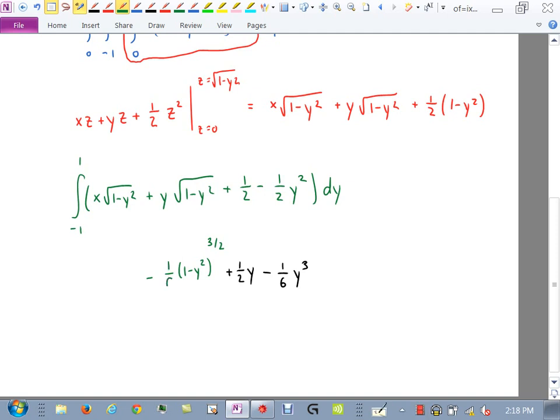Is it 1/6? I think it's 1/6. What happens if I take the derivative of that? 3/2 comes out and cancels out. 1/3? Yes, 1/3.